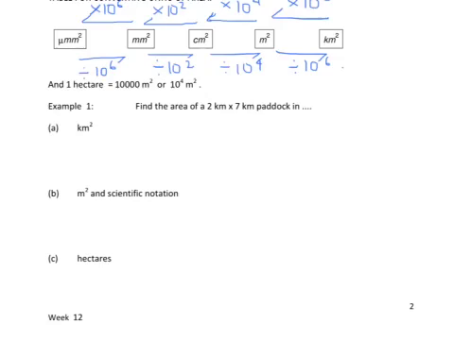Now there's another unit of measure that is often used for area, and that is the hectare. 1 hectare is 10,000 metres squared, or if you think about it in scientific notation, 10 to the 4 metres squared. So let's just put a nice square around that so we remember that.